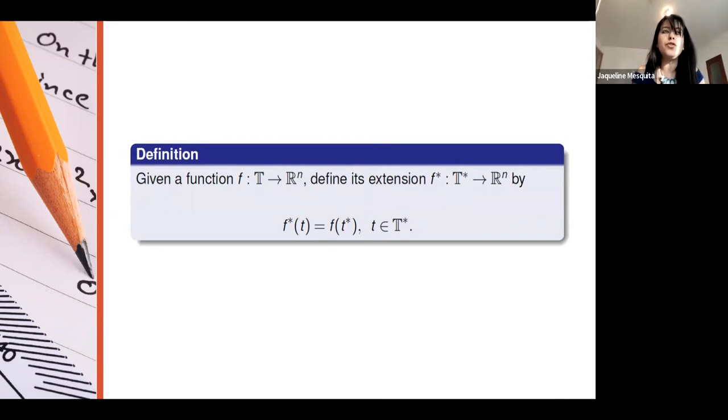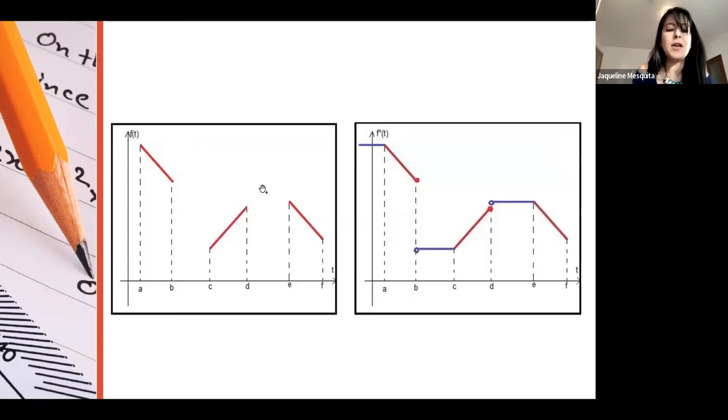In order to illustrate this definition, we can have an example. Here we have a function that's defined only on the time scale, which is the union of these three intervals. I want to define an extension of this function that I will call f star of t, using the previous definition.